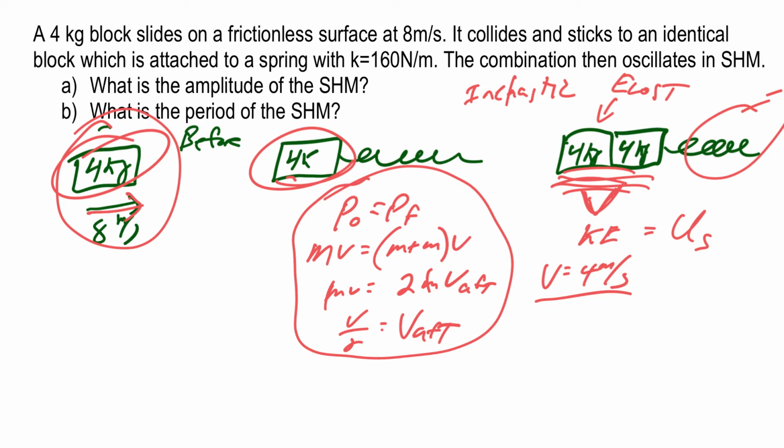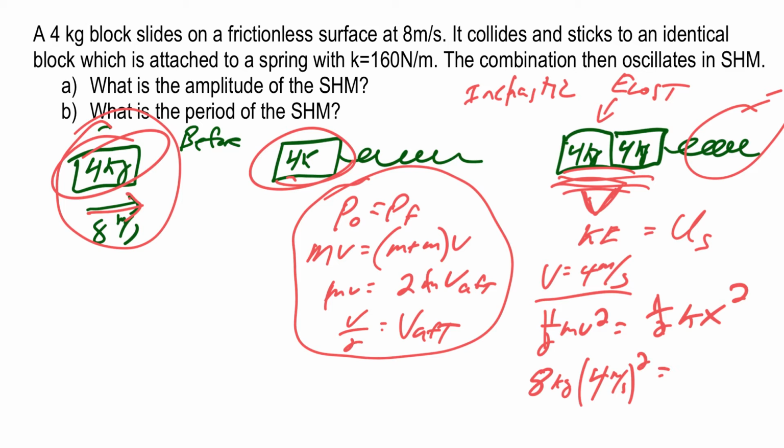All right, so anyways, now we'll do kinetic equals potential. So this will be 1/2 m v squared equals 1/2 k x squared. That's how we're going to get the amplitude. We can cancel these halves here. Now just remember to use the 8 here for the mass. And just remember to use the new velocity, not the 8 meters per second, but the new velocity, which is 4 squared.